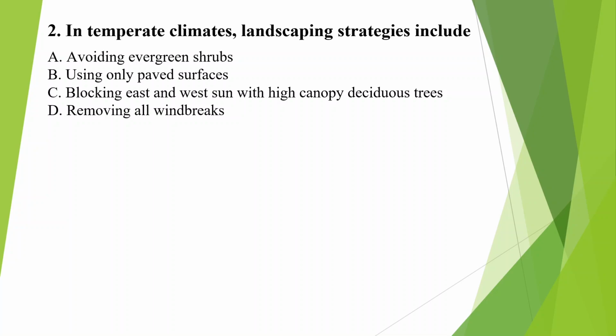That's why removing the windbreaks or the other option, avoiding evergreen shrubs, are incorrect. These are requirements. They cannot be removed or avoided in these temperate climate conditions. So option C is the only correct answer out of the four options. So is it clear to all of you?